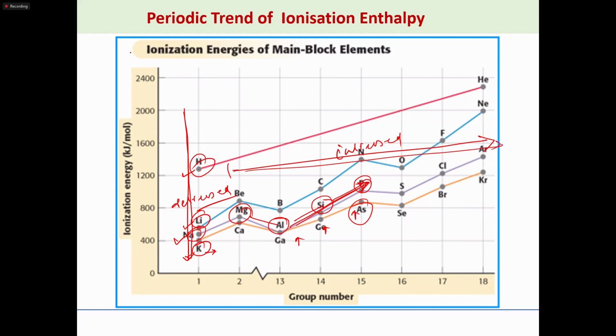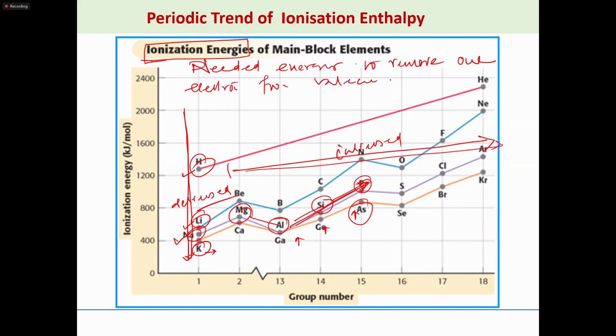So ionization energy means the amount of energy needed to remove one electron from the valence shell of an atom.